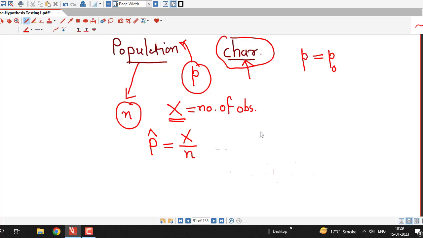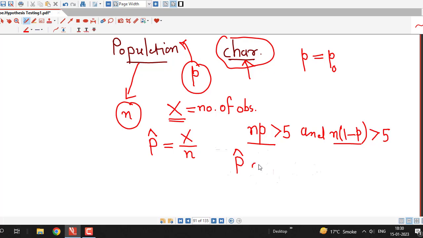n. And if this condition is satisfied, that is, n times the population proportion and n times 1 minus the population proportion are both greater than 5, then, as we have discussed in lecture number 5 on sampling distributions, this sample proportion follows a normal distribution.